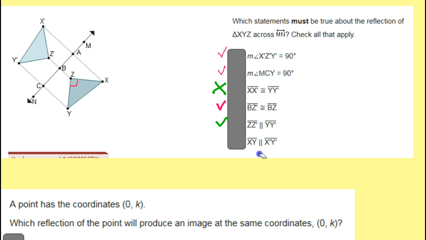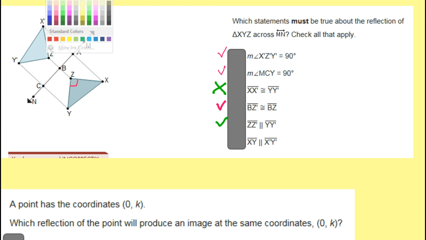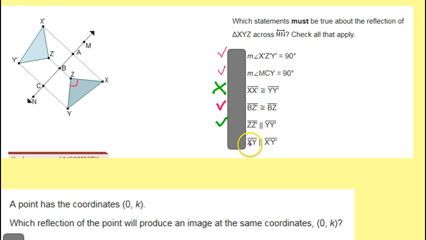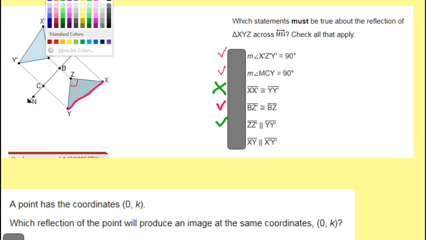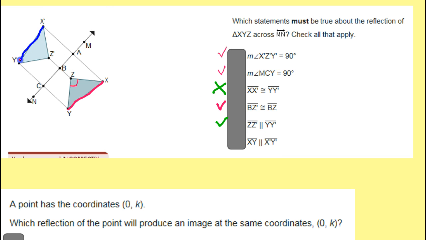What else? Last one. Sort of a long question because of all the pieces. Let's look at segment XY, which is right here, and segment X prime Y prime, which is right here. Are those parallel? Must they be parallel? No, they don't have to be parallel. These lines going across had to be parallel. I talked about that. Now these ones, sometimes they'll be parallel, sometimes not.